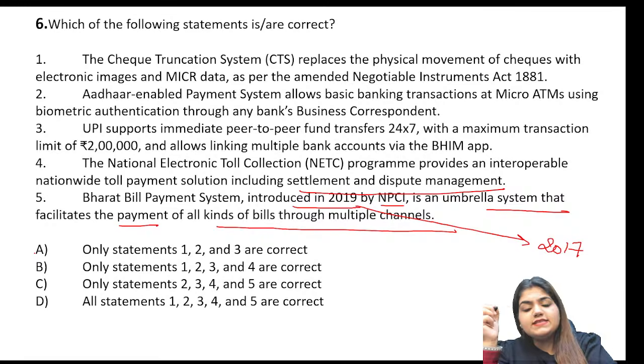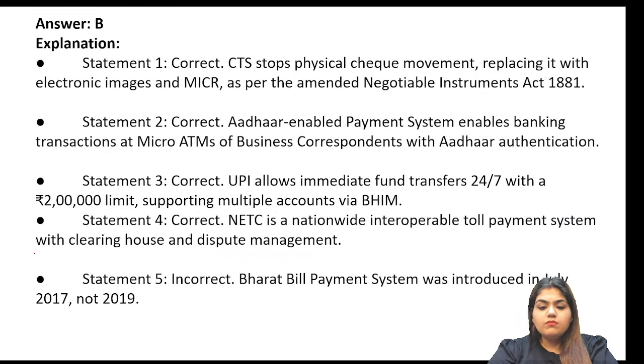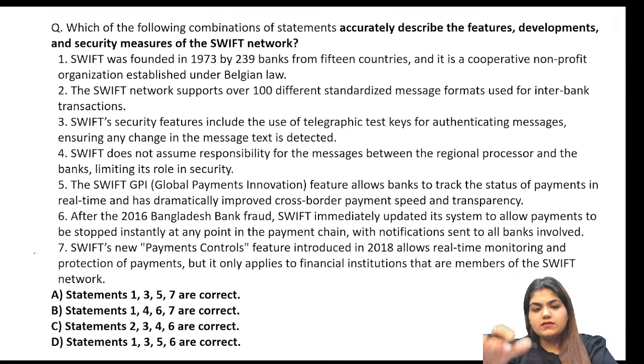In 2016, Paytm boomed and around that time things started to come in. And everything was there. BHIM, PhonePe, QRs, Paytms, etc. were functioning by the end of 2017. Next. So B is the correct answer. Next question.